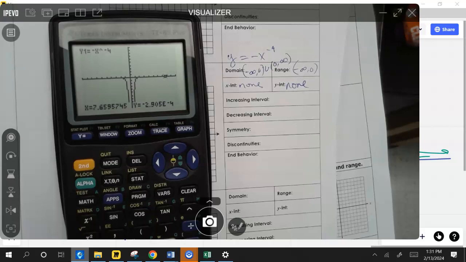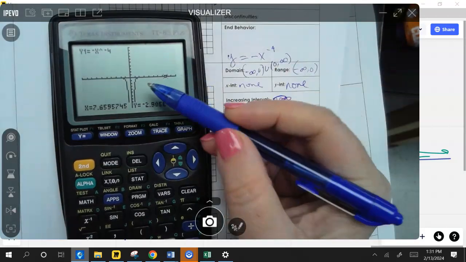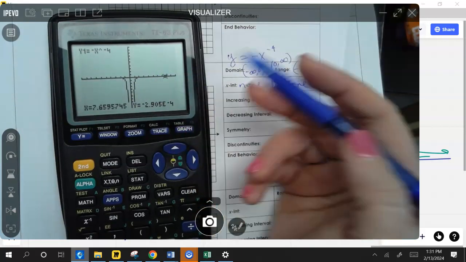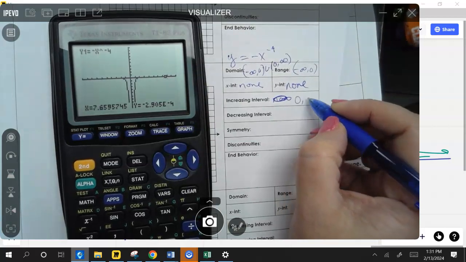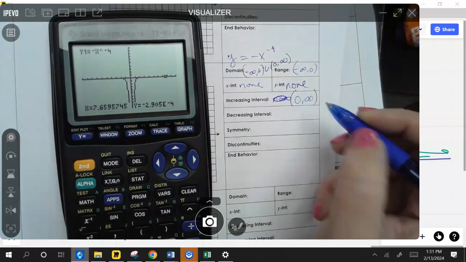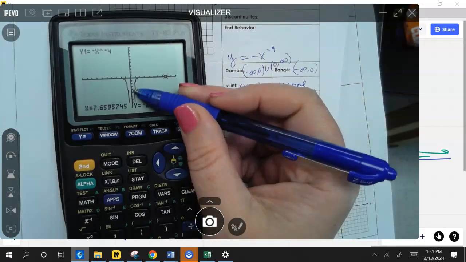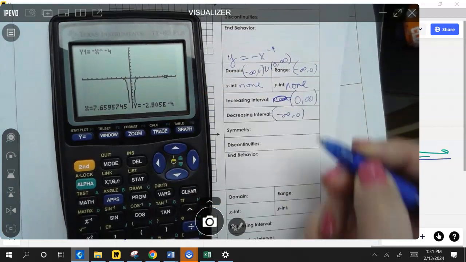Increasing intervals. None. Wait, there is. Oh, there is. You're right. Look, I'm going down, down, down. Here I'm going up, up, up. Close. 0 to infinity. There you go. Decreasing is negative infinity to 0.